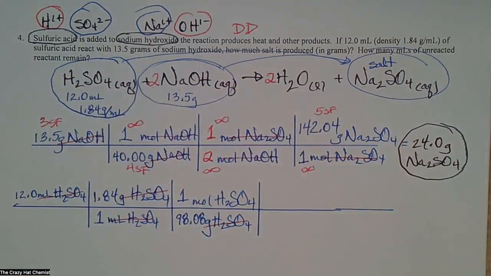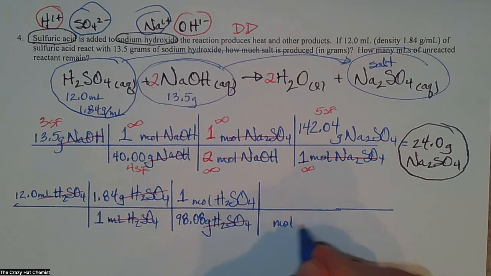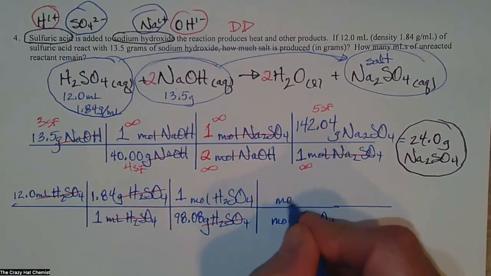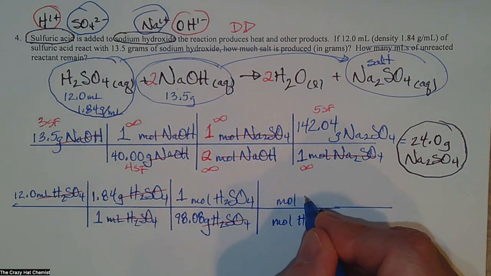Now I need to keep on going. Okay. In order for me to cancel out the moles of H2SO4, I need those moles of H2SO4 down here in this denominator term. Now is my opportunity to change the formula. So I'm going to say moles of whatever formula I want from the balanced equation, and that is the moles of the salt.